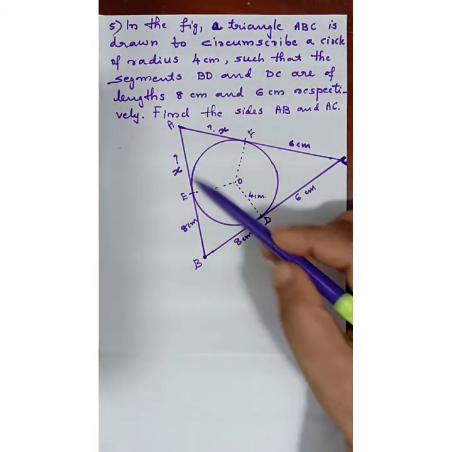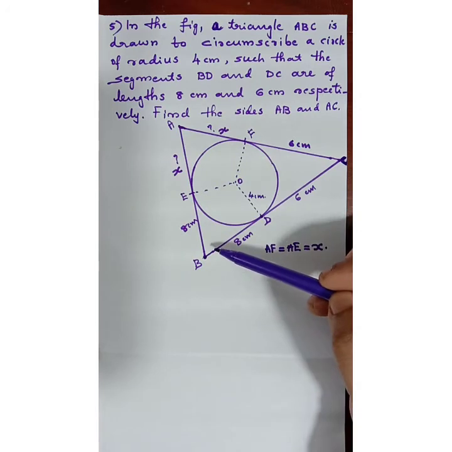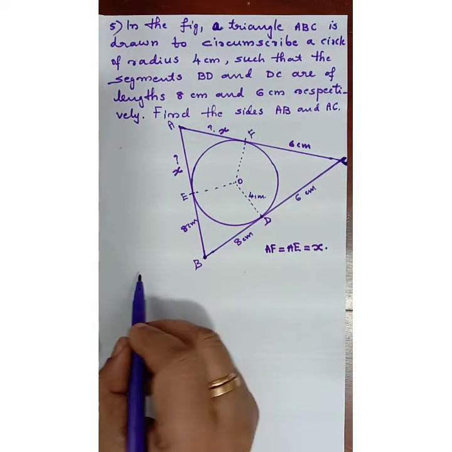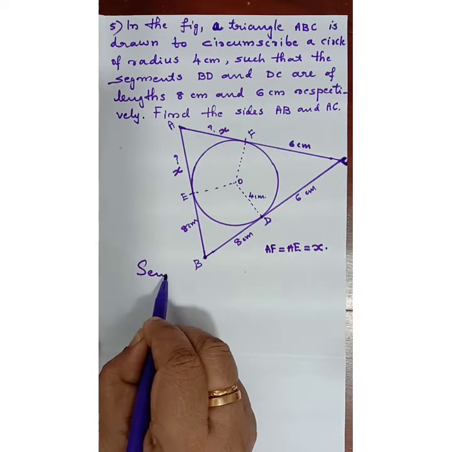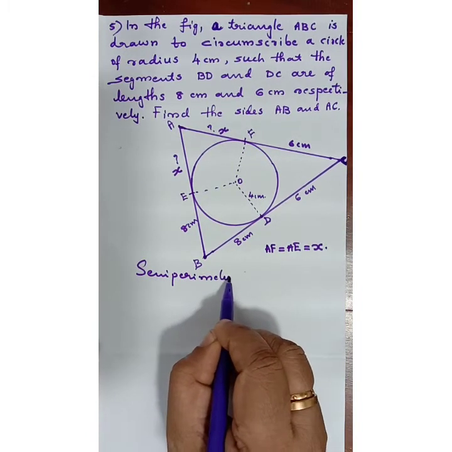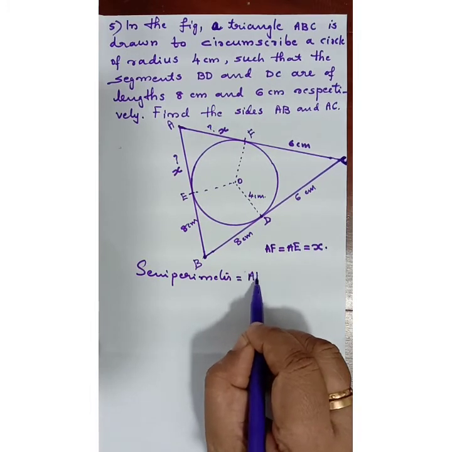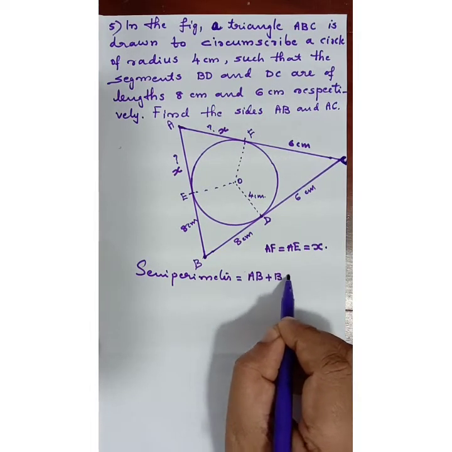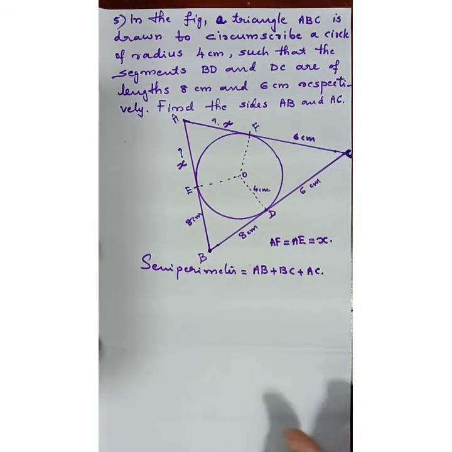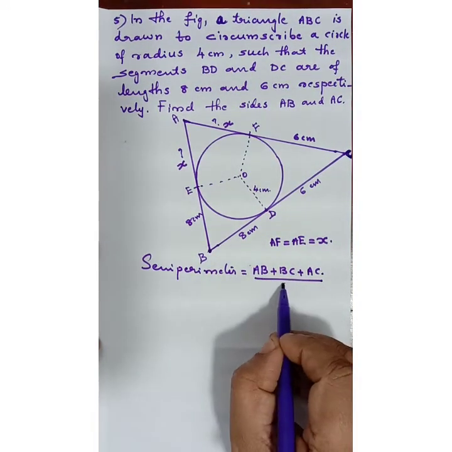Now if you take the sum of all these sides, we call it the perimeter, and we can find the semi-perimeter. Semi-perimeter equals AB plus BC plus AC, the total perimeter, divided by 2.